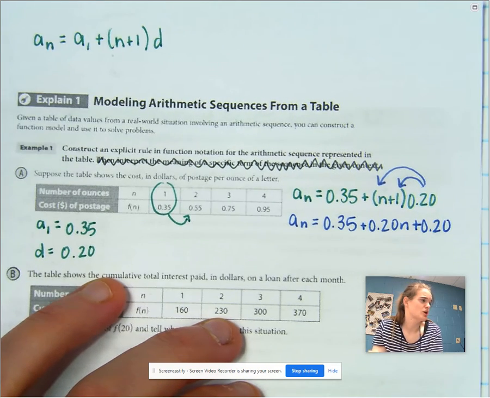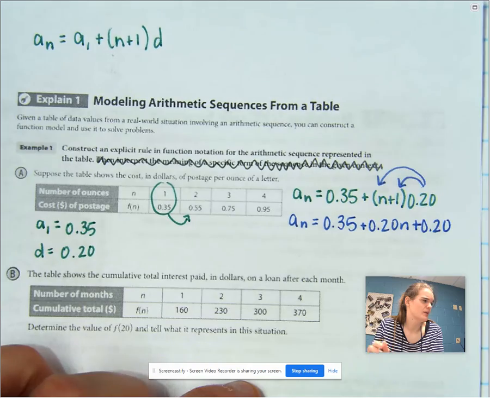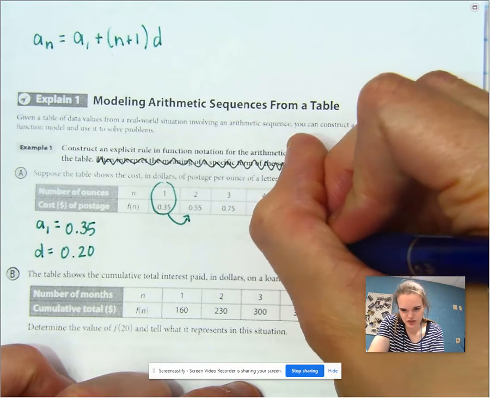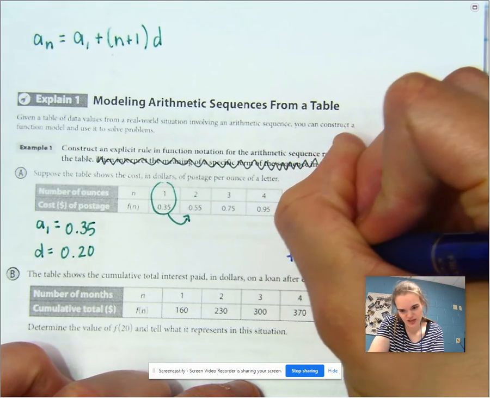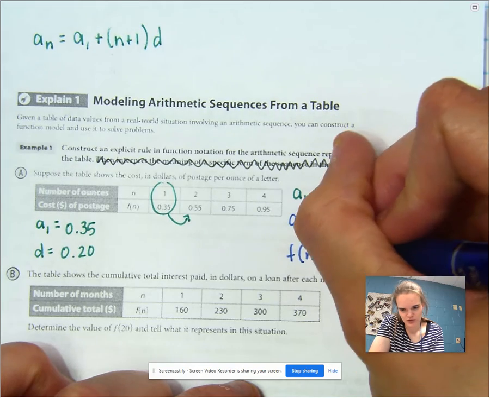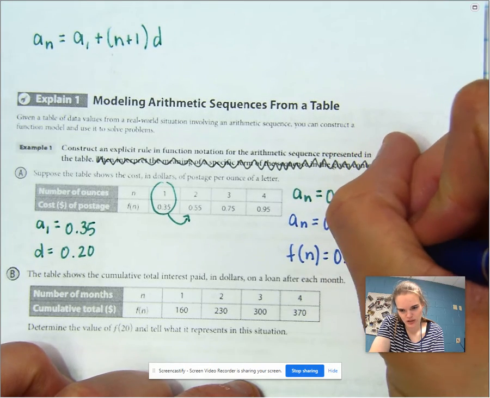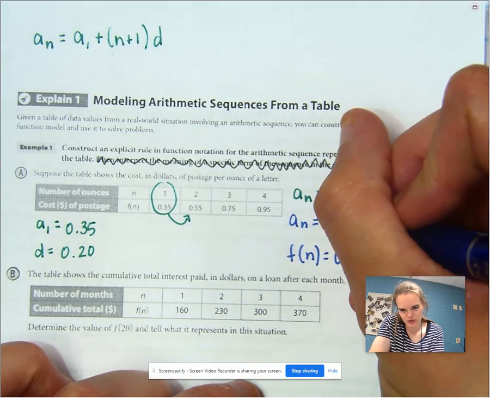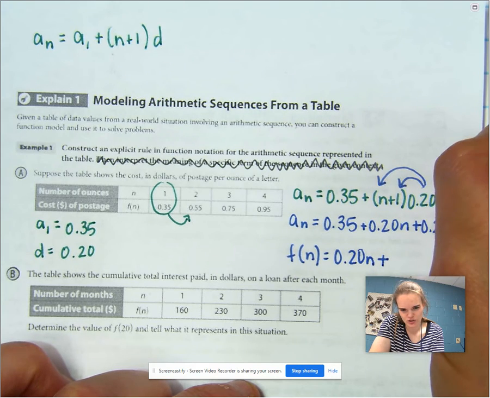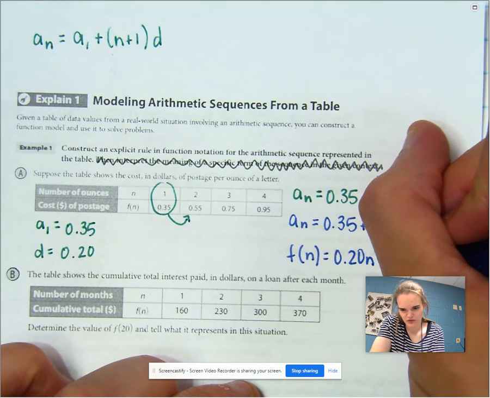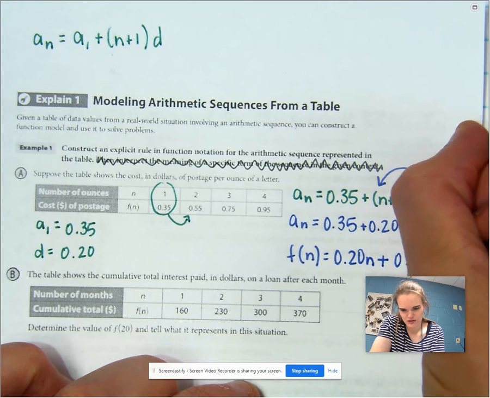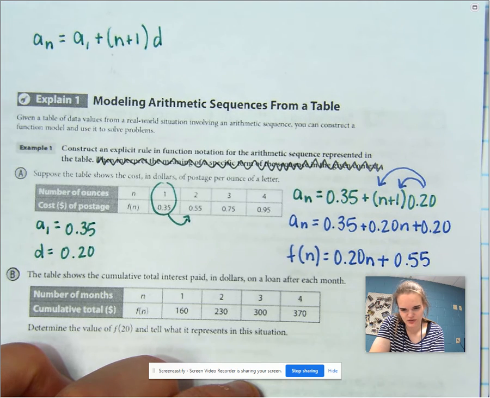All right, combine like terms. Now, before we move on to the next step, here's what you need to know. Remember, it's function notation, so I'm going to use f of n instead of a sub n, okay? Then 0.20n plus 0.35 plus 0.20 is 55 cents.